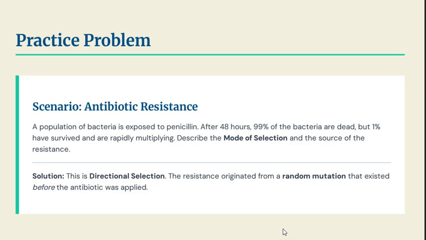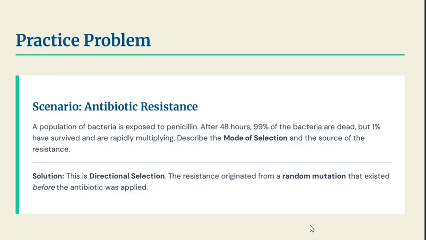Okay, so the solution you should have gotten is directional selection, which is the resistance. And the resistance originated from a random mutation that existed before the antibiotic was applied.